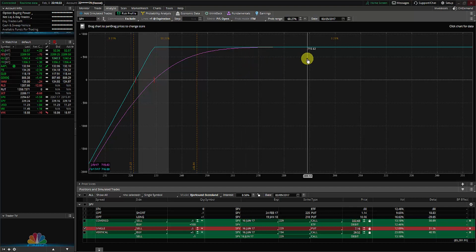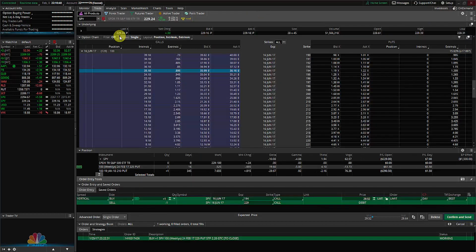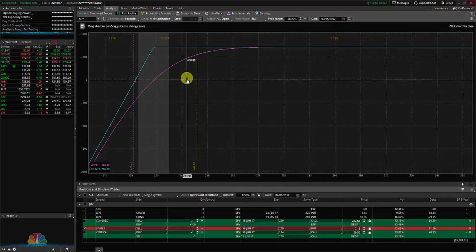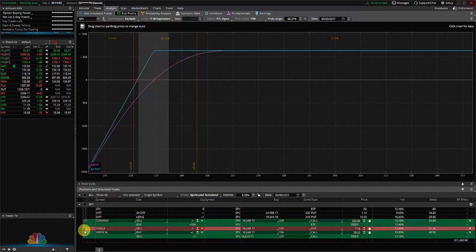And the profit you can make is $716. It's quite similar to a covered call. The plus minus difference is because the stock is not exactly at 229. The stock is at 229.24. With that being said, a naked put and a covered call have a similar risk graph.